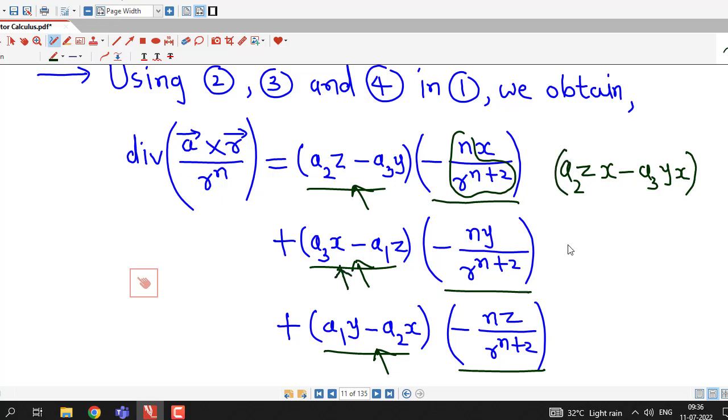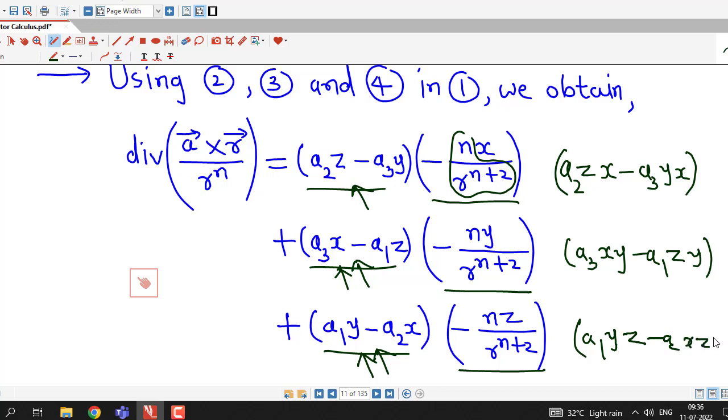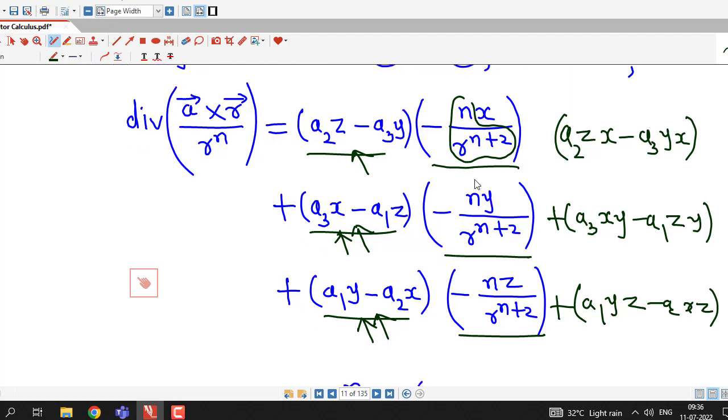Similarly, this bracket is multiplied with y, so I have a3x into y minus a1z into y. Here this bracket is multiplied by z, so I have a1yz minus a2xz, and all these terms are in addition, and we have taken this minus n over r raised to n plus 2 common.